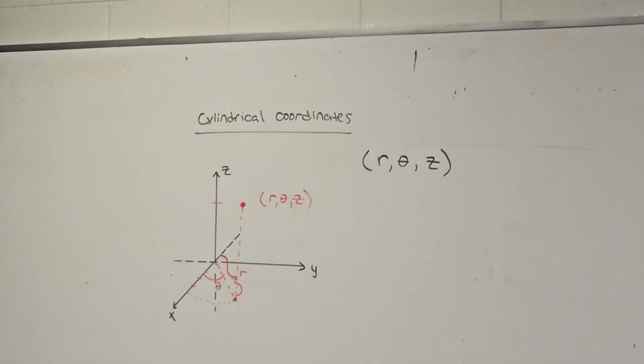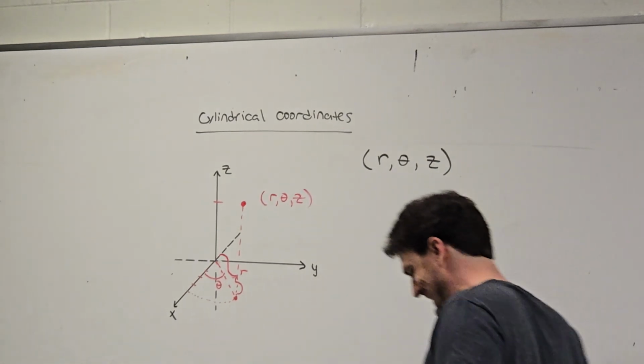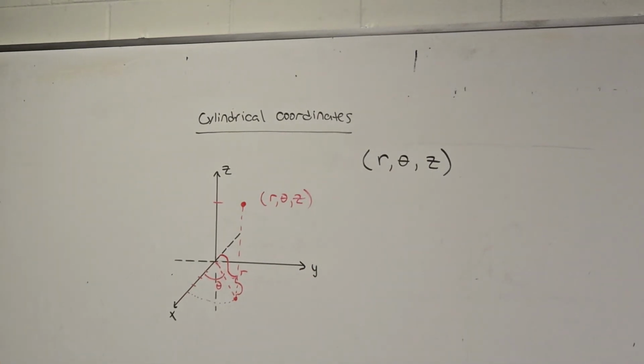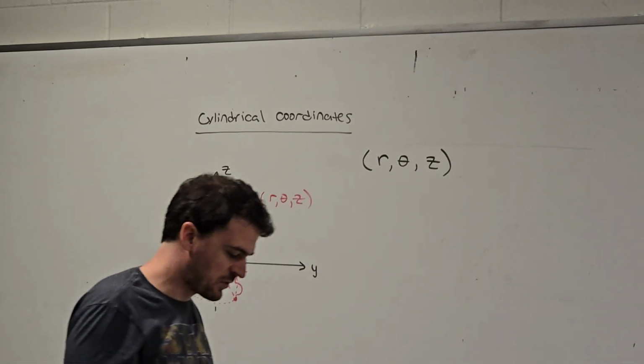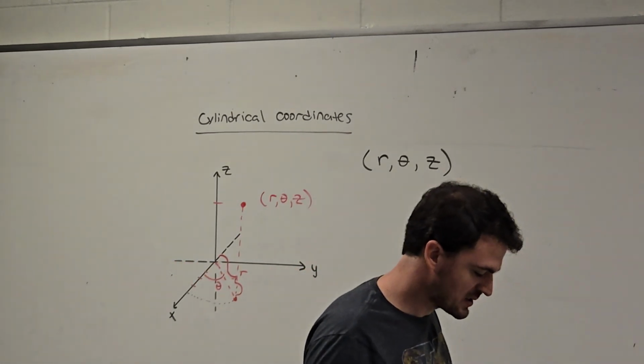And notice the toolboxes seem familiar. r is equal to the square root of x squared plus y squared. That's because r still lives in that xy plane, has no kind of height to it. Theta is arctan of y over x.